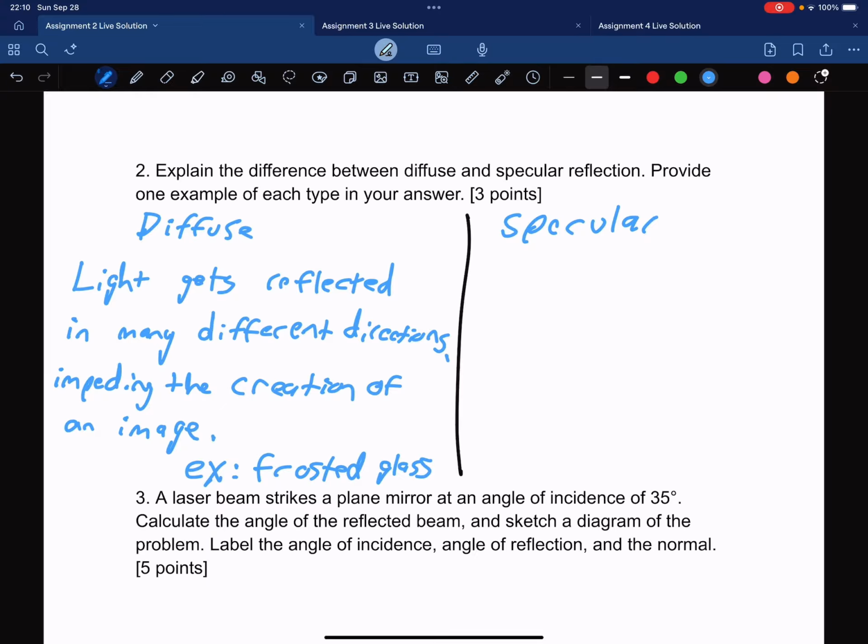Light rays coming in to hit it, even if they're parallel, will bounce off in all crazy different directions.